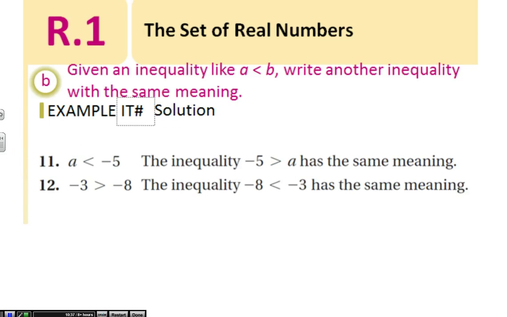If A is any number that's less than -5, that's the same thing as saying -5 is greater than A. For example, we could think of a number that's less than -5, like -6 is less than -5. That's the same thing as saying -5 is greater than -6. I like the lower number on the left, but it has the same meaning.